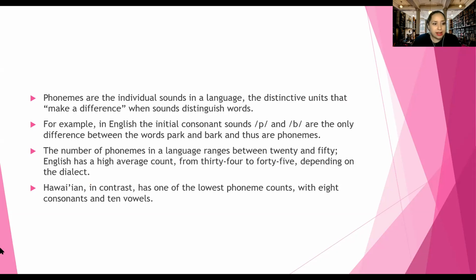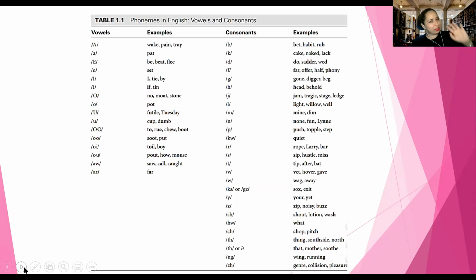Let's keep on learning. This is starting to get interesting, hopefully. Over here, you have an example of this: phonemes in English, vowels and consonants. Let's take a look at this. We have the examples for the vowels in the left column, and in the middle we have the consonants.